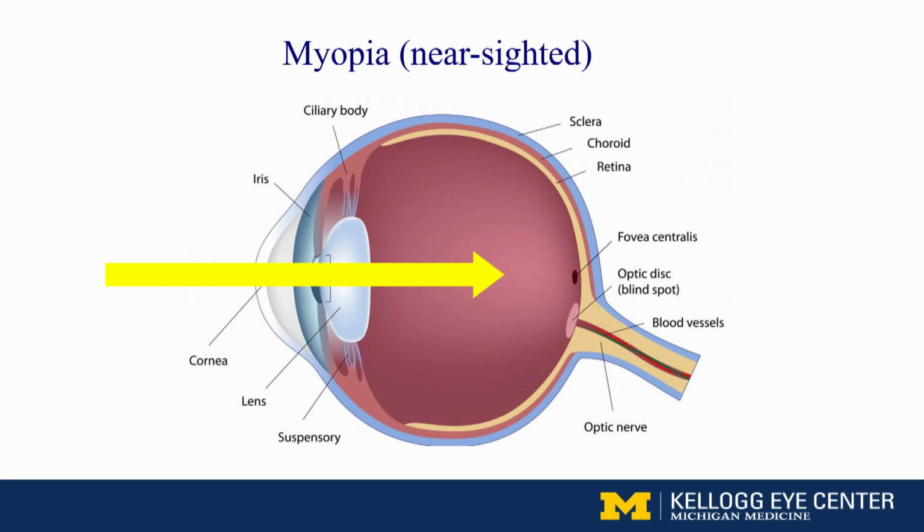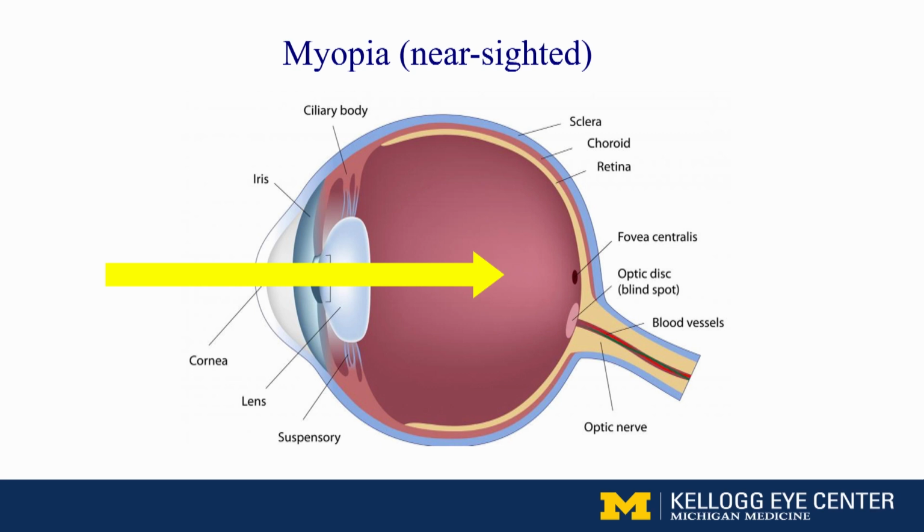But a lot of us, myself included, are myopic. The common term you may have heard is nearsighted. We don't love this term because it's incredibly confusing to people, so we try to stick to the term myopia. And that is when there's actually too much refractive power in the cornea and/or in the lens.